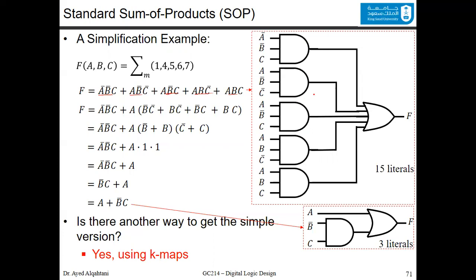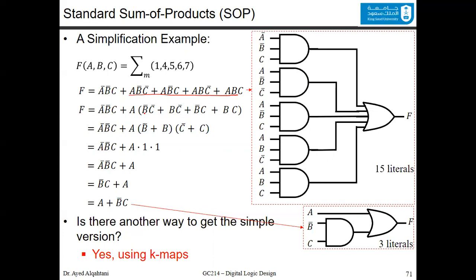The equivalent of this function is actually this symbol, 2 gates, only 1 AND and 1 OR. To get this one, you can apply Boolean algebra like this. You can see that what we did here is we found there is a common factor for all of them here, and we take the A as a common factor and we get the rest here.